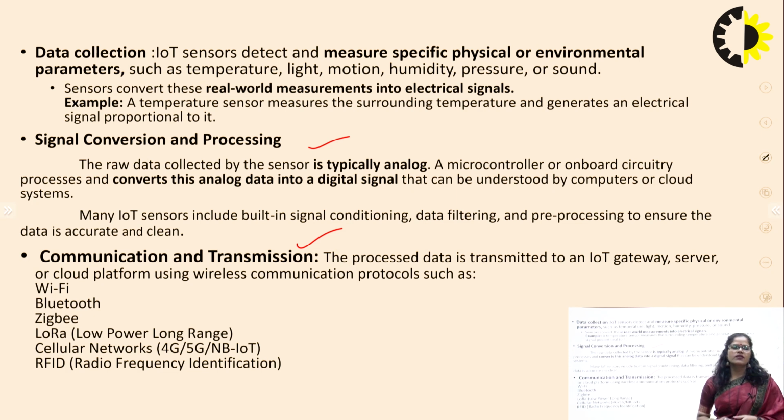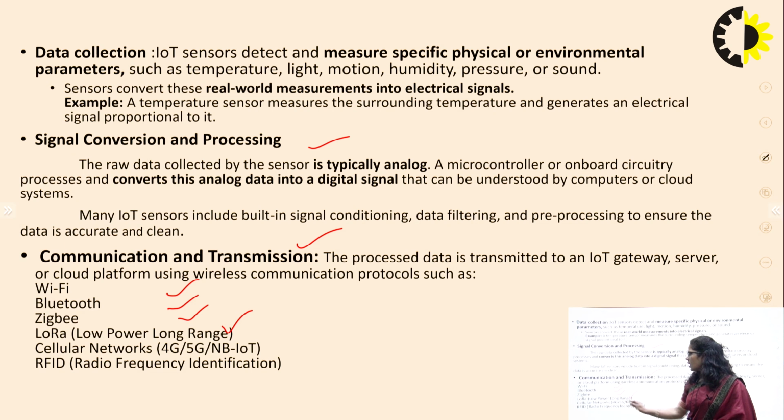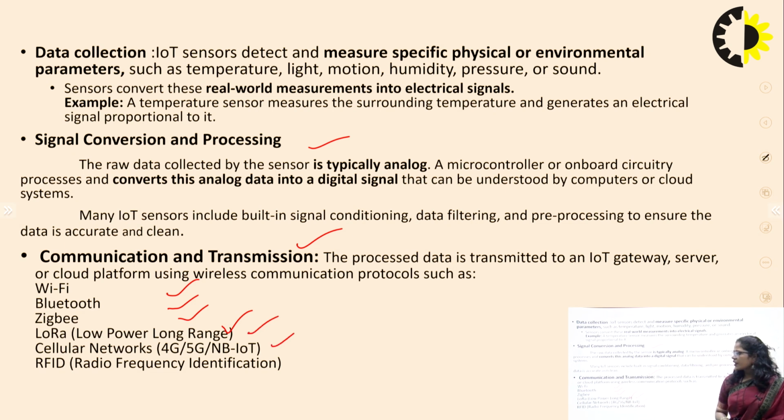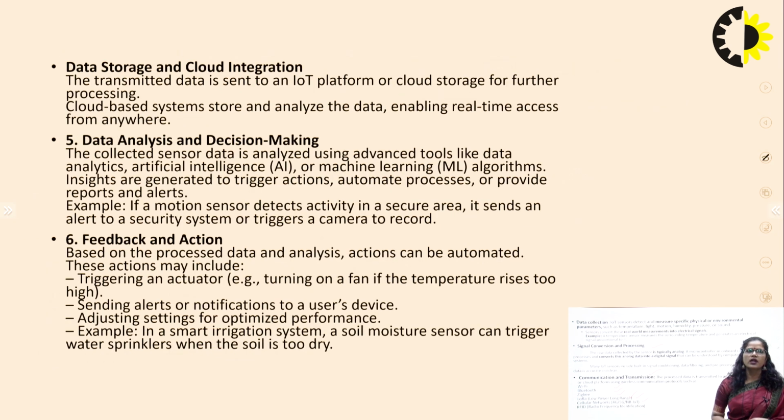Here we have some examples like Bluetooth, Wi-Fi, Zigbee, LoRa, low power long range wireless network, cellular network, and radio frequency, RFID, right? Basically these are communication technologies used in IoT, and used by the sensors to transfer the information from one place to another.